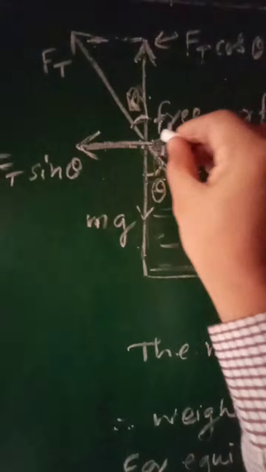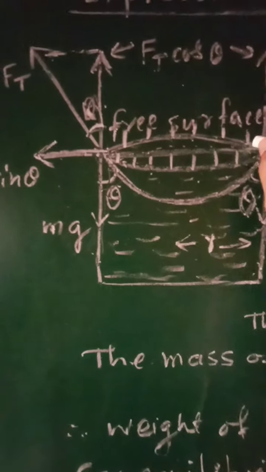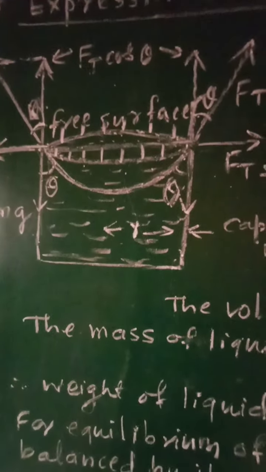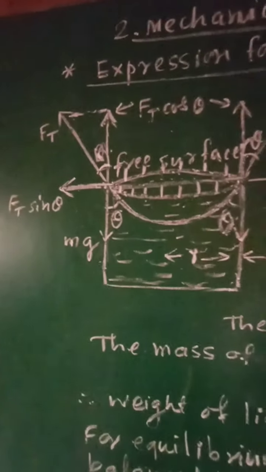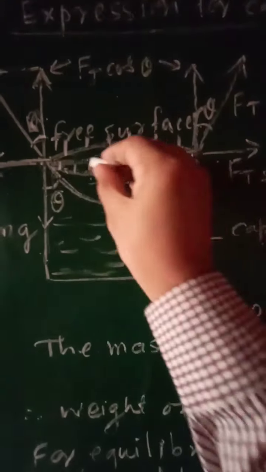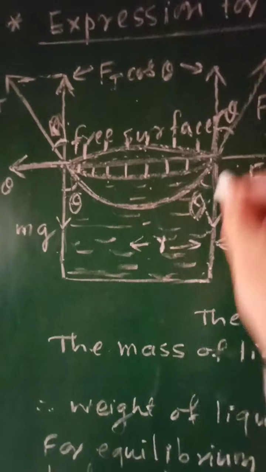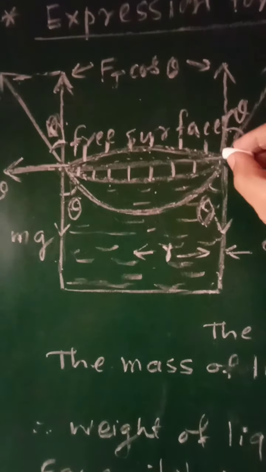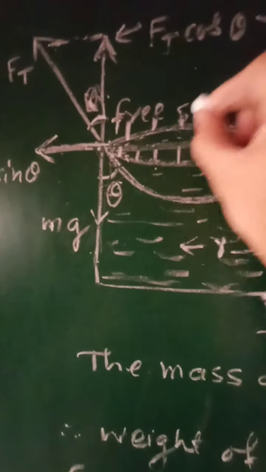Now this Ft sin theta will be again acting at each and every point of that liquid surface directed outwards in the horizontal direction, and therefore like these two forces, Ft sin theta and Ft sin theta, they are opposite to each other, hence they will get cancelled with each other, and therefore the horizontal components of F, that is Ft sin theta, will not contribute to the net force, and therefore the net force will be acting on this liquid column in the upward direction, that is Ft cos theta acting at each point.